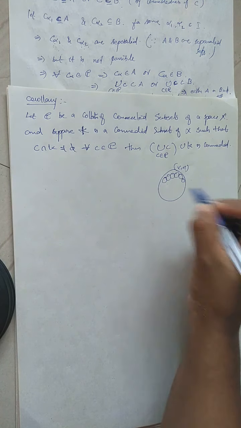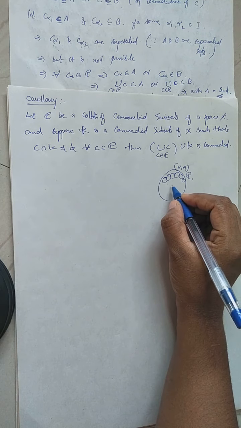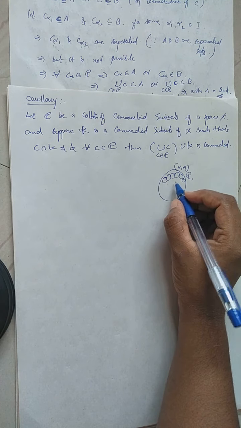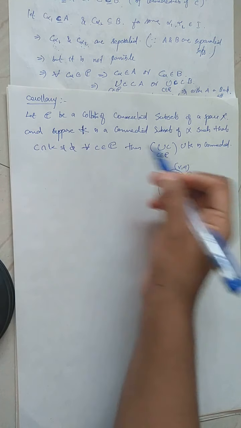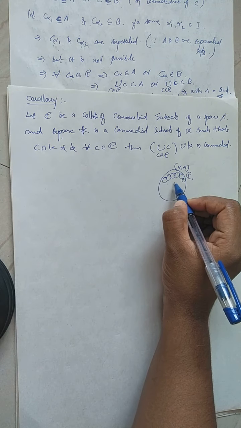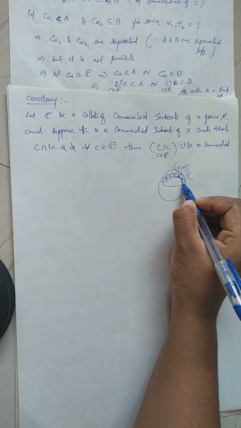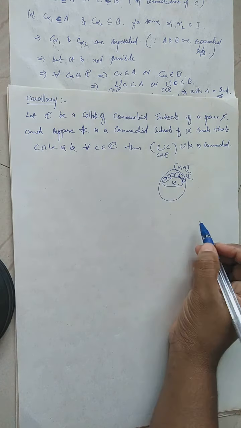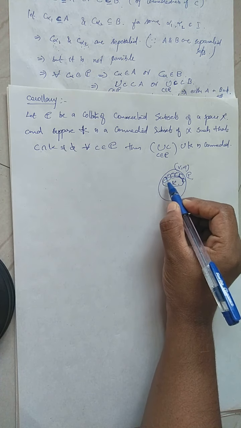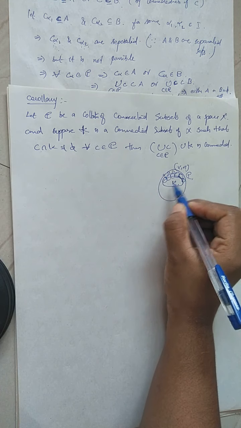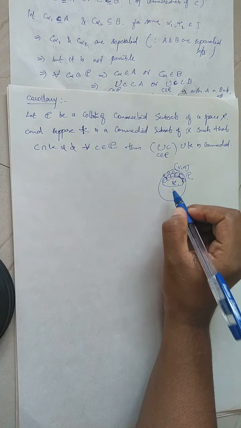Now K is a set which is intersecting with every element in this collection. Suppose this is C1, C2, etc. Then K intersection C1 is non-empty, K intersection C2 is non-empty, etc.